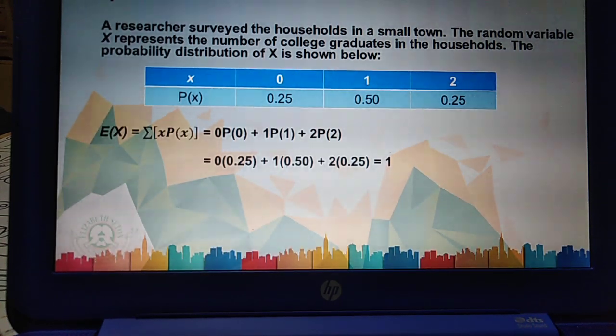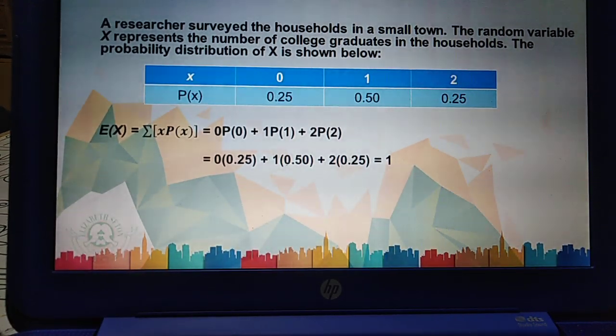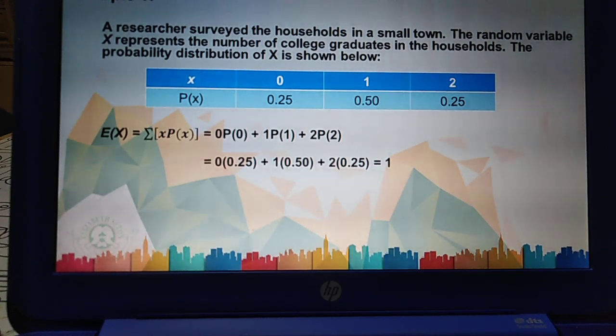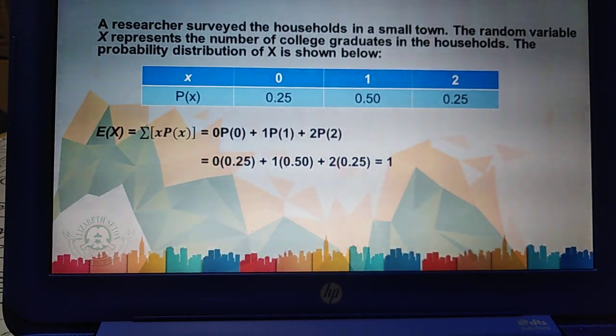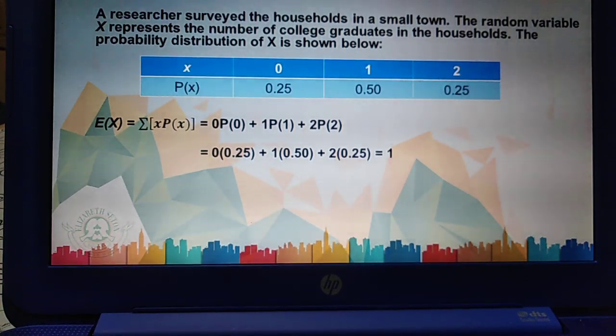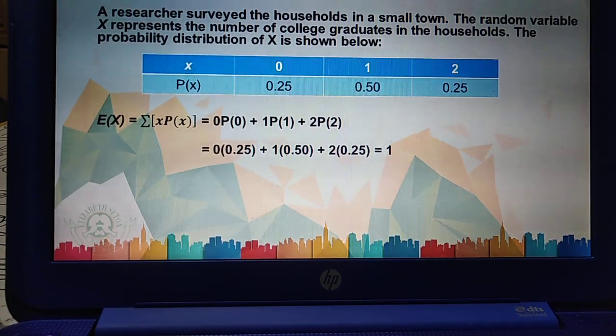To find the expected value, all we needed to do was multiply the random variable with the probabilities because it is the weighted average. So we multiply 0 and the probability of 0, plus the product of the random variable 1 with its probability, and the product of the random variable 2 with its probability.